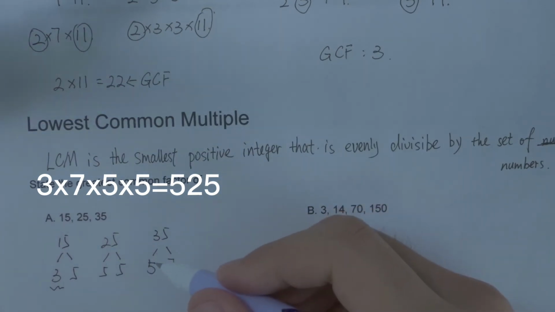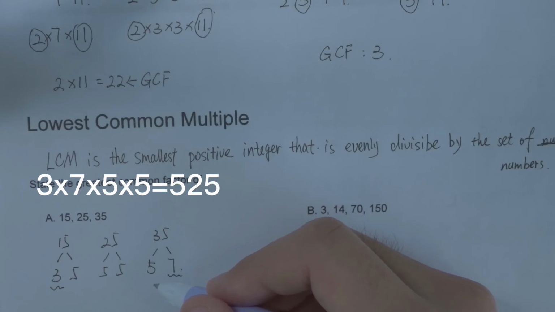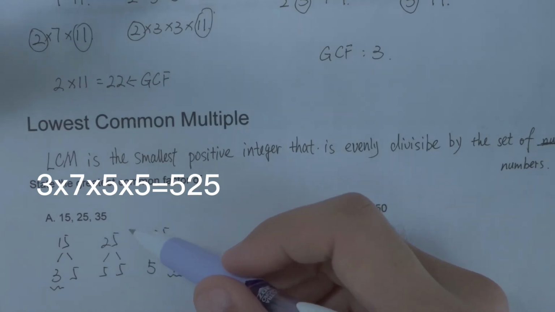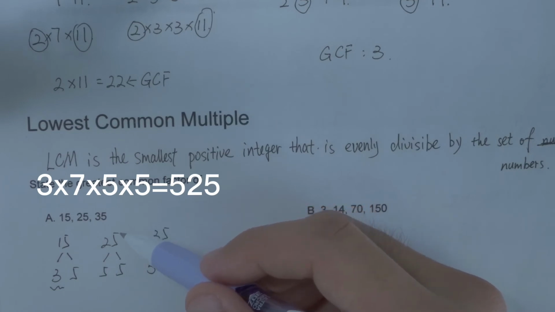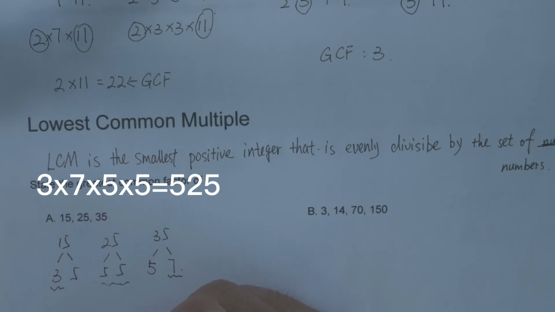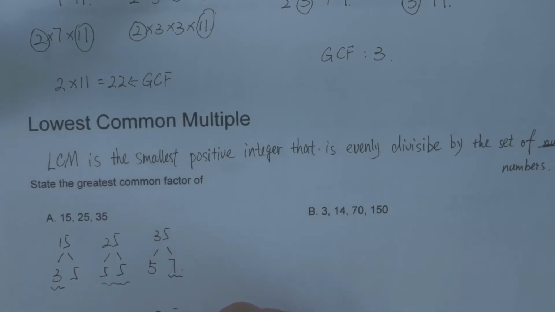And how many 5s do we need? We need to use the most number of 5s found in one particular number. The most number of 5s is in 25, so we multiply by 25. And we got 525. So this is the lowest common multiple for this set of numbers.